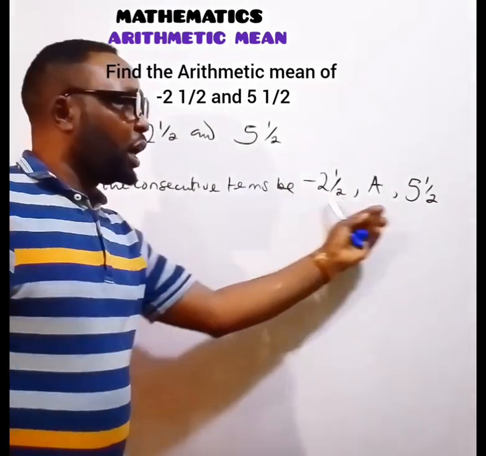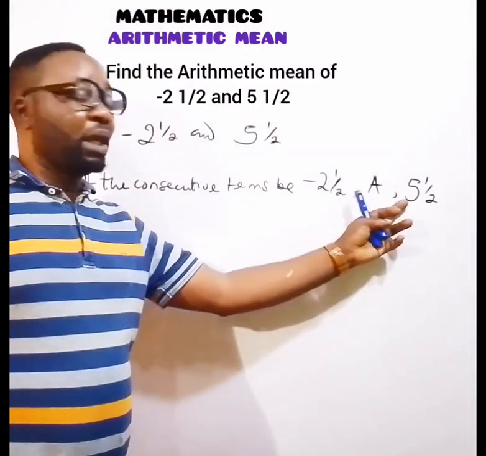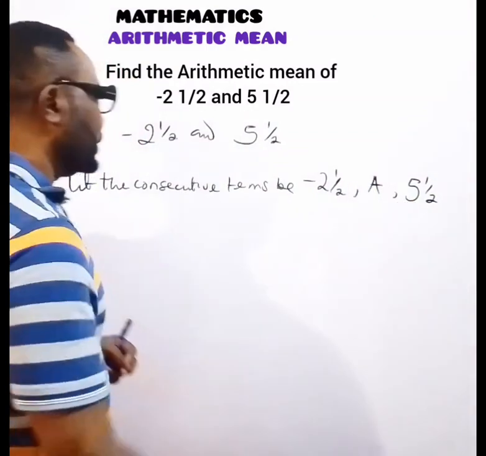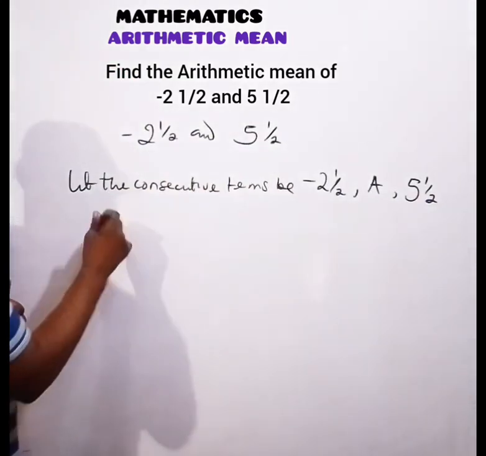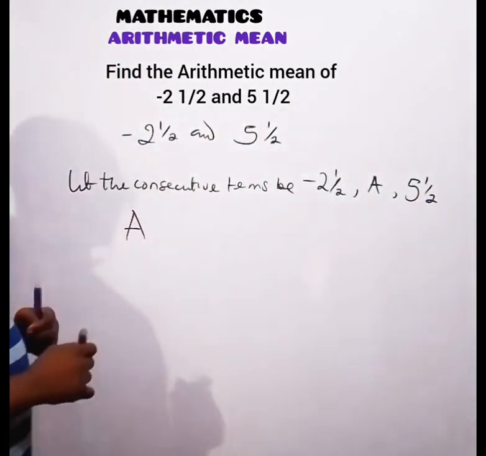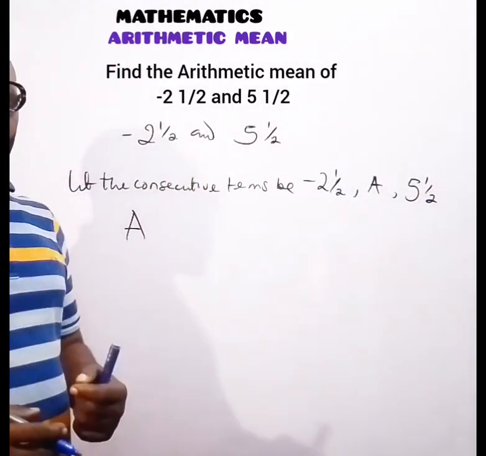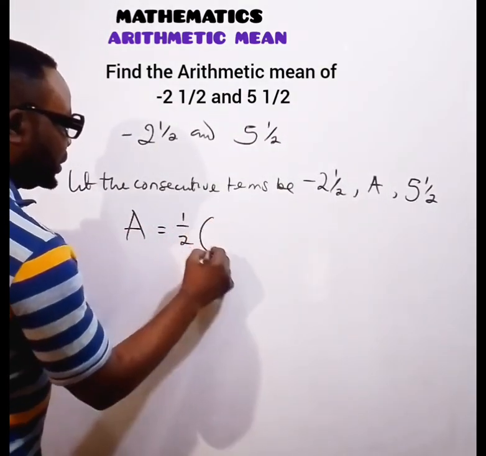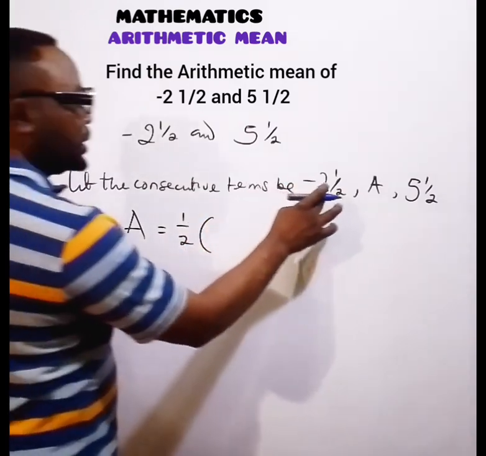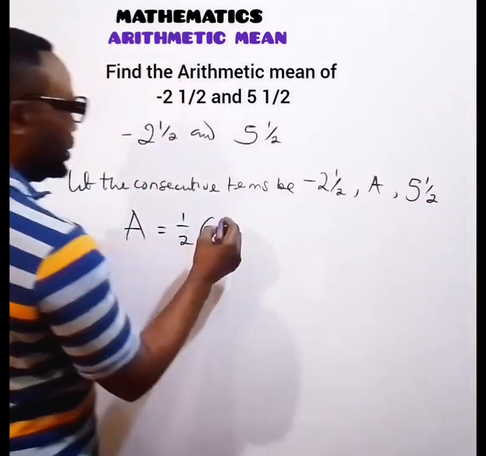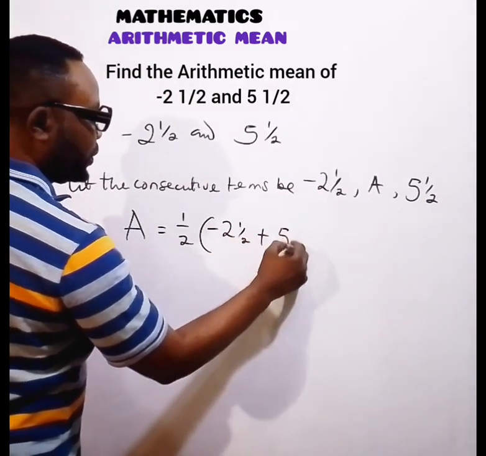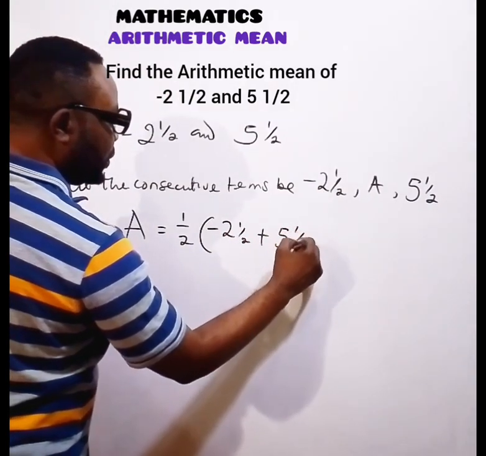Now we have been able to bring out the 3 consecutive terms of the arithmetic mean. According to what we have done so far, the arithmetic mean is going to be equal to half into bracket this term plus this term, minus 2 whole number 1 over 2 plus 5 whole number 1 over 2.